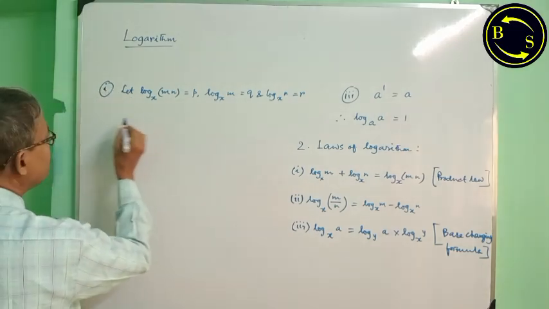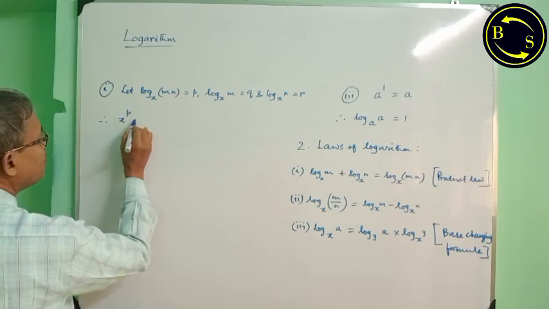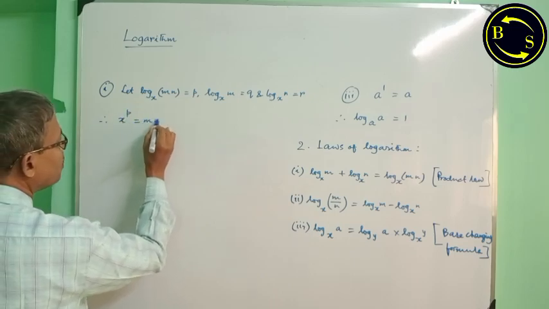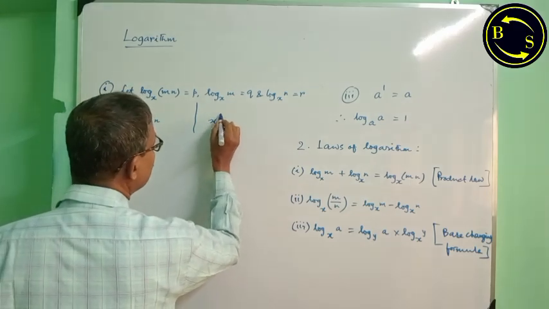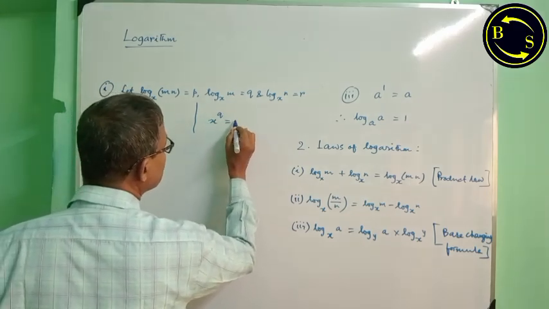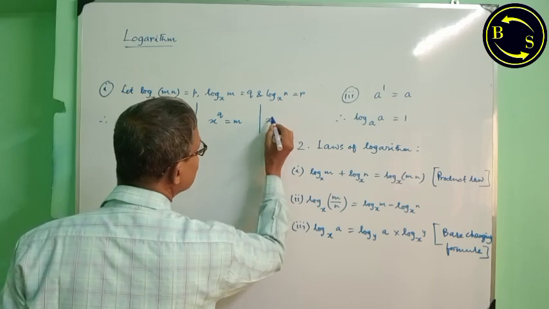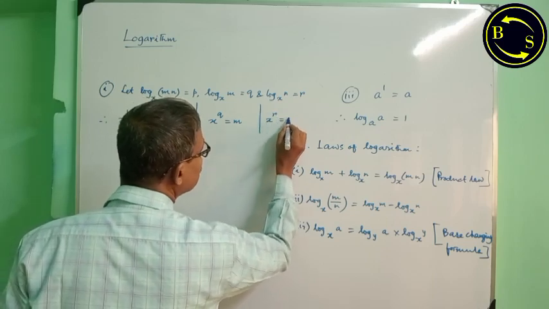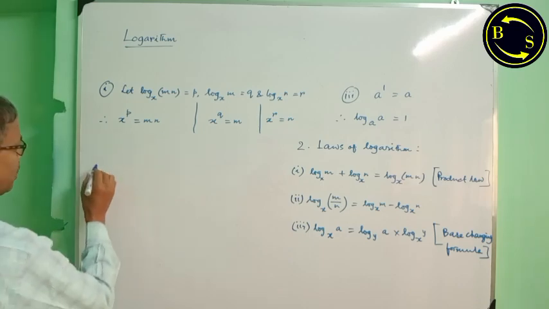Now, as per definition, therefore x to the power p is equal to mn, and from this x to the power q is equal to m, and from this x to the power r is equal to n. Now we start from here.